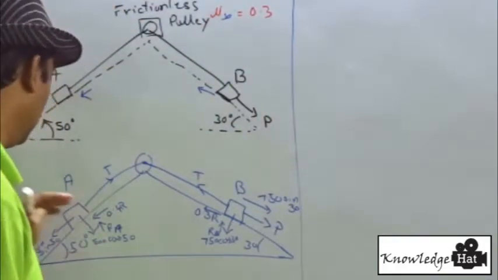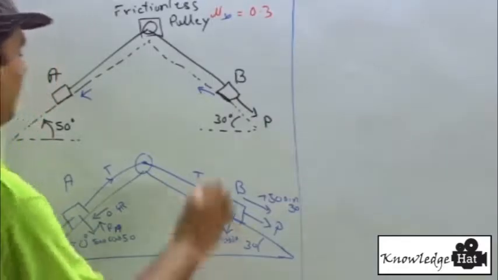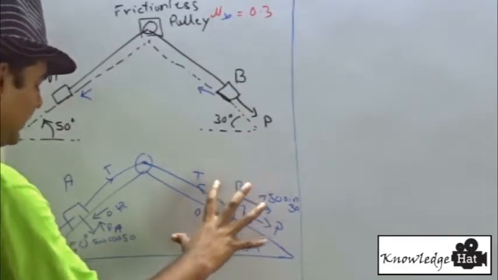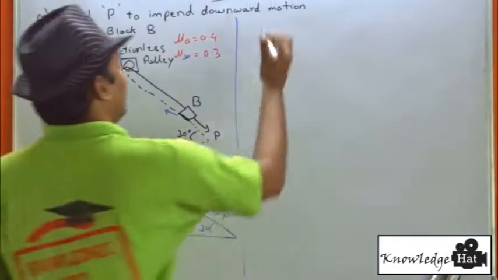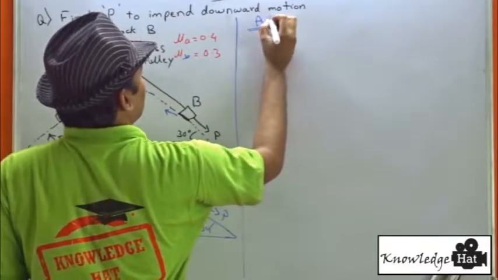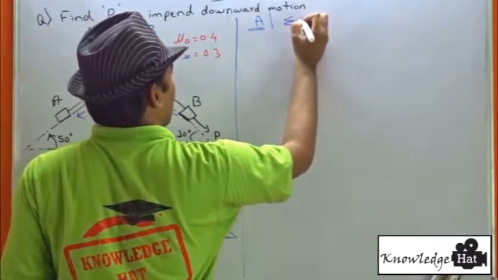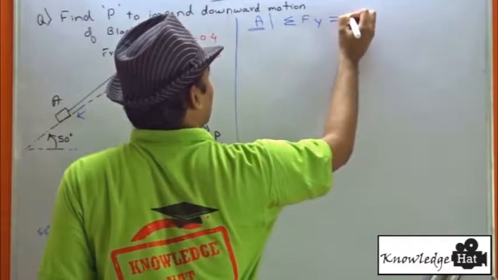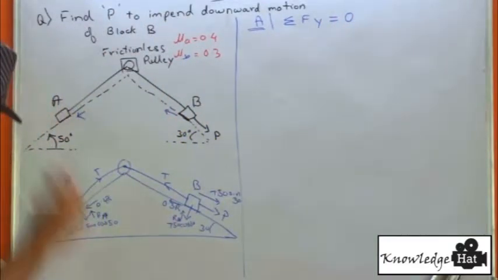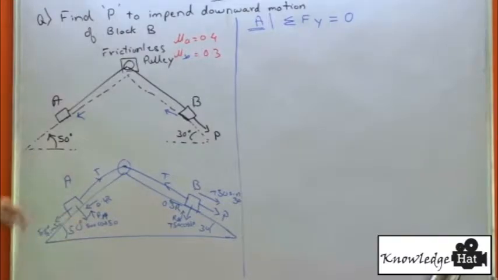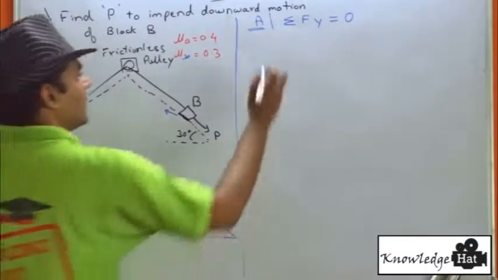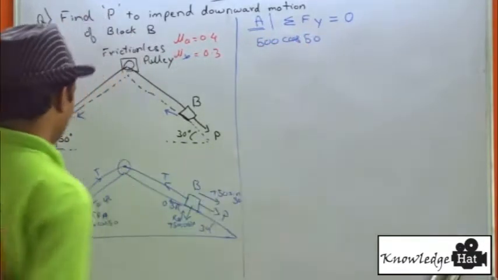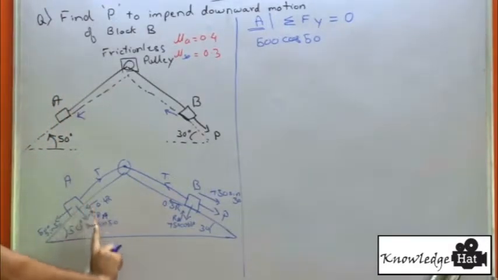So we go about it starting from block A, because we need to find this tension, and since more unknowns are there at B side, we will start with A. At A side, first we do summation of forces in the vertical direction, that is Fy, and we equate it to 0 for block A. For block A, there is one force acting vertically downwards, which is 500 cos of 50 degrees, and RA is acting in upward direction.